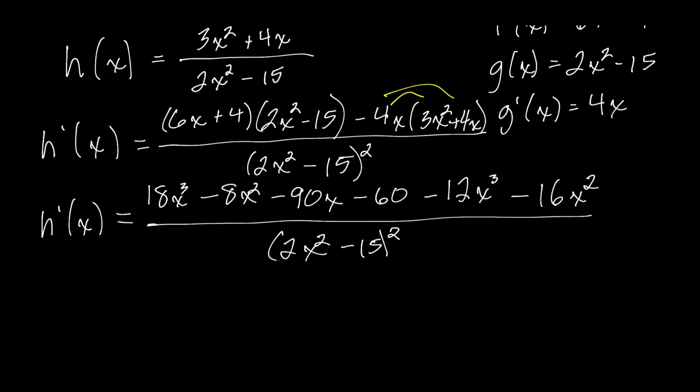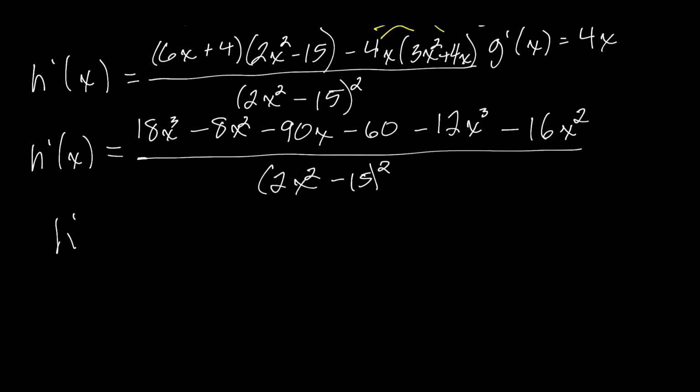Looks like there's maybe one more step to this maneuver, and that is to add your like terms in the numerator. So I have 18x cubed minus 12x cubed. That'll give me a 6x cubed.